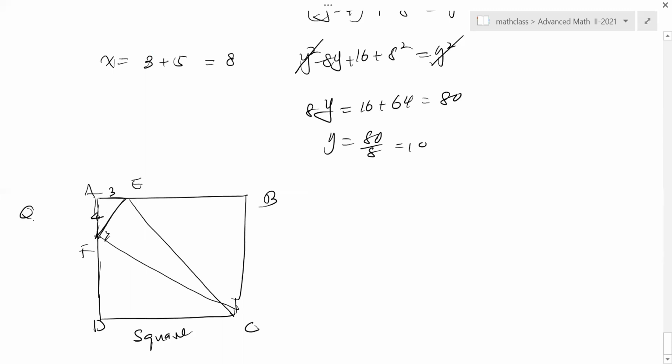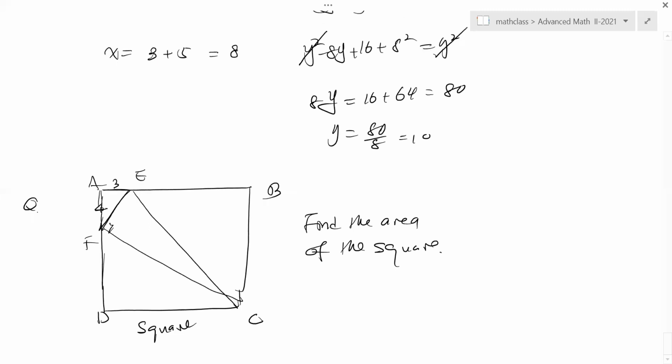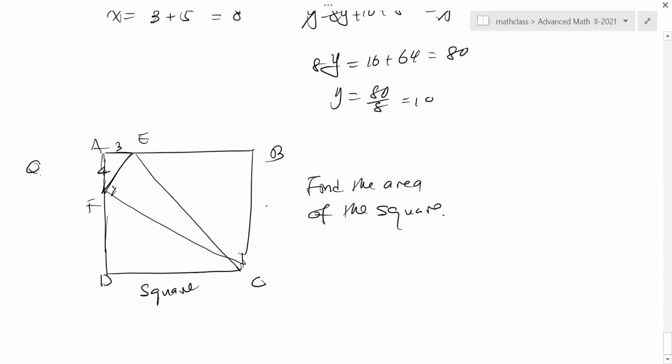Now, can we find the area of the square? So how to find the area of the square? You have to find the x, right? That's x.